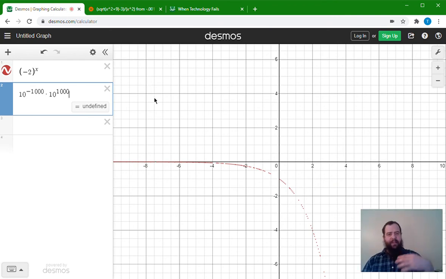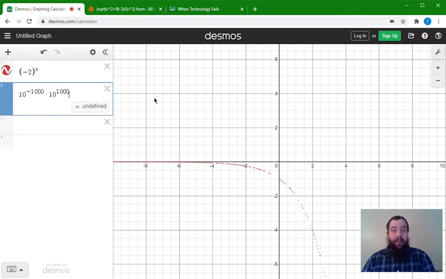So again, we see a lot of cases where our calculators don't give us quite the right answer, and this is inevitable. No calculator is perfect. No calculator can be perfect. This is a mathematical fact. Every calculator is going to have some flaws in it.